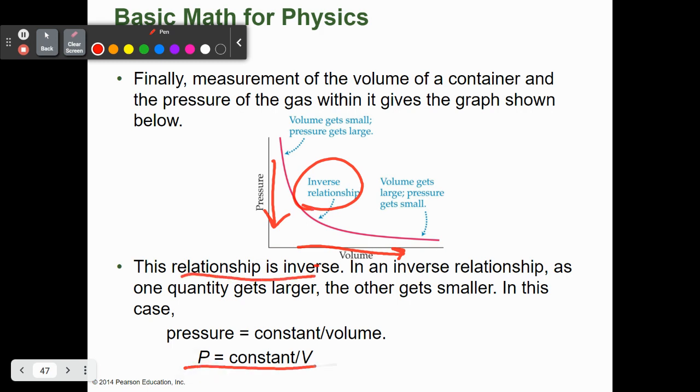And then so here is our equation. The pressure is equal to some constant divided by the volume. So if it's an inverse relationship, you're going to get that hyperbola. Remember those are from, that's not geometry, that's algebra 2. But that's a hyperbola. So as one thing goes up, the other thing goes down, and you make that hyperbola type shape.